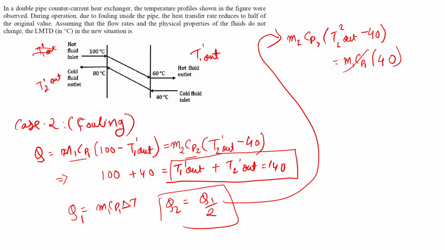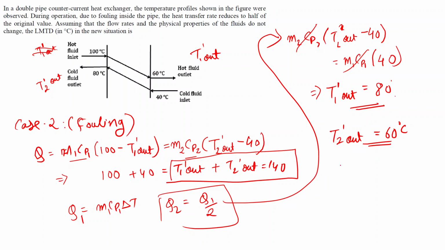So M1 Cp1 will get cancelled out, and we will get T1 dash out is equal to 100 minus 20, that is 80 degrees Celsius. And similarly from the other correlation we will get T2 dash out as 60 degrees Celsius.